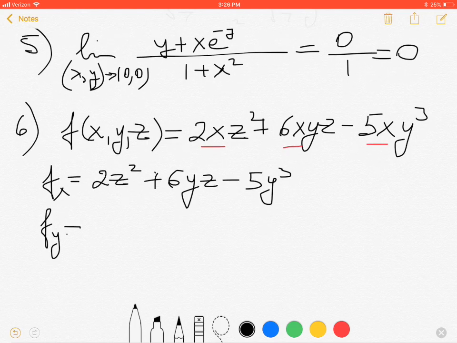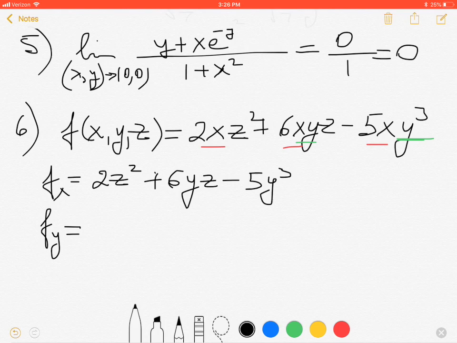Derivative with respect to y. Where is our y? In the first term we don't have it. Second term we have y there, and third term we have y there. What will be the derivative here? From the first term it is 0.